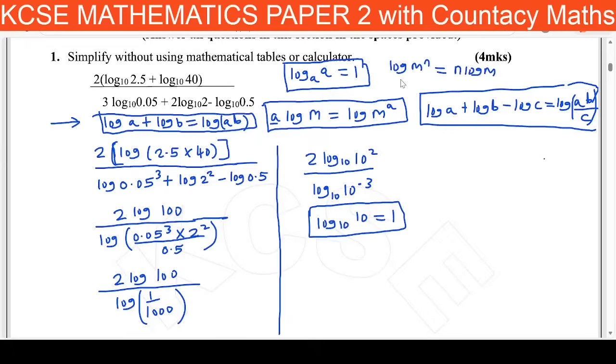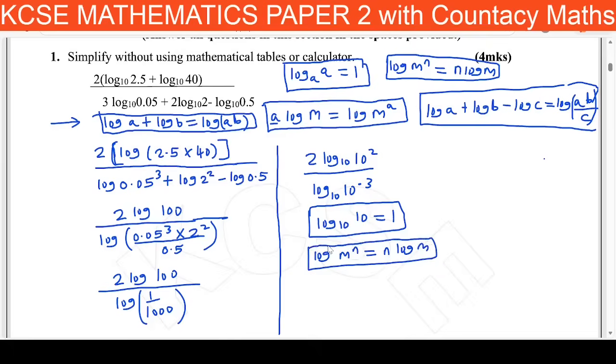It's kind of like we are revisiting all the laws of logarithm under just one question. So logarithm of m to power n will always be equivalent to n log m. This is what you're going to apply here. Therefore, it's important that you follow through keenly.